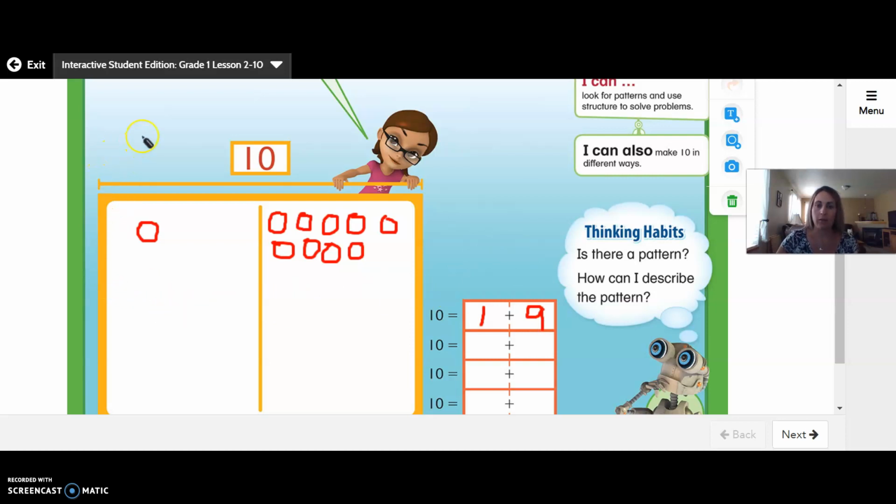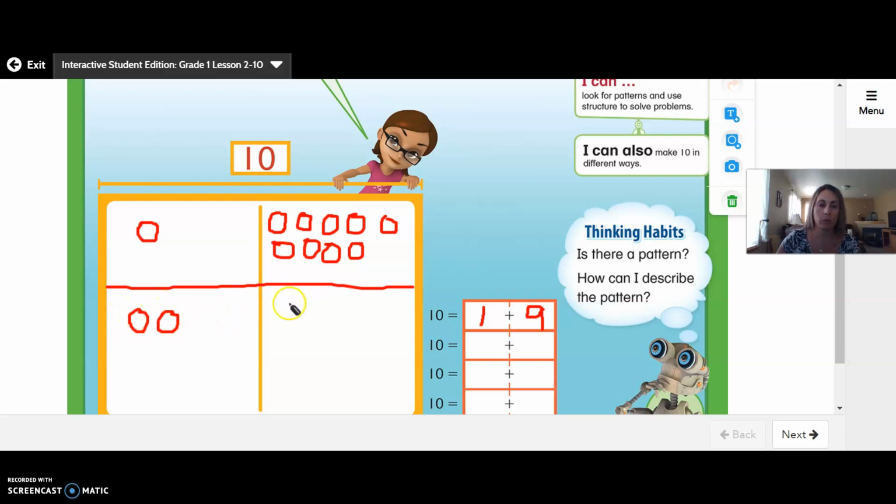So let's think if there's another way. I'm going to draw a line so I can show another way. What if I were to put 2 of my counters right here? So I have my 10 counters all together, and I'm going to put 2 on this side. How many do you think would be on this part? Let's see, I'm going to use my counting on strategy that I learned last week. Here's 2, and I'm going to count on till 10.